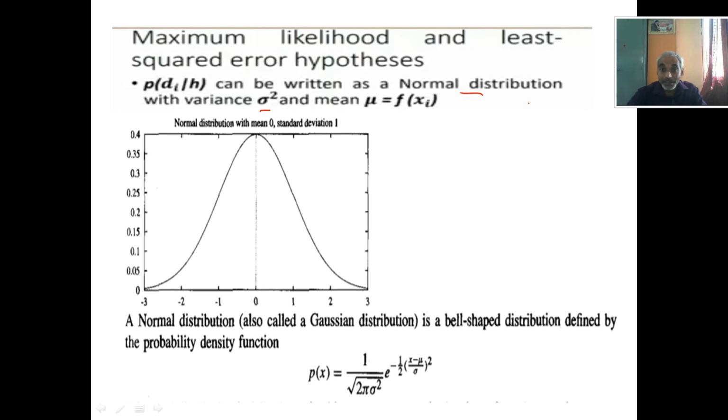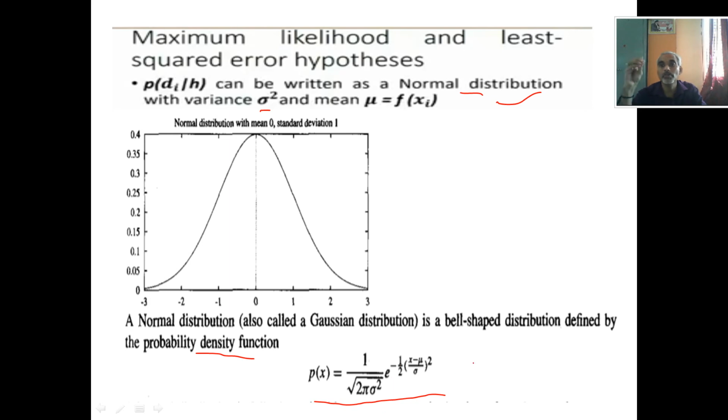When the probability density p of Di given hypothesis h obeys a normal distribution, we use one standard equation. The probability density function for a normal distribution is this equation.